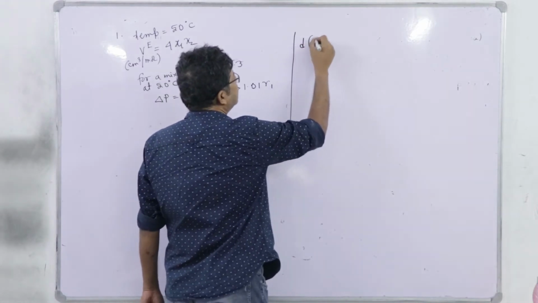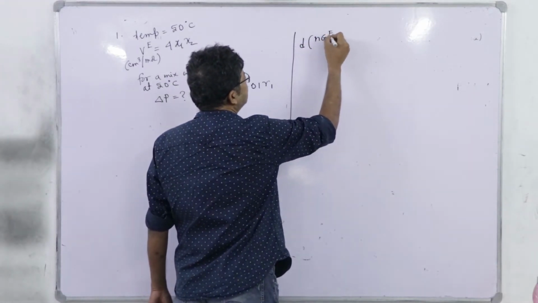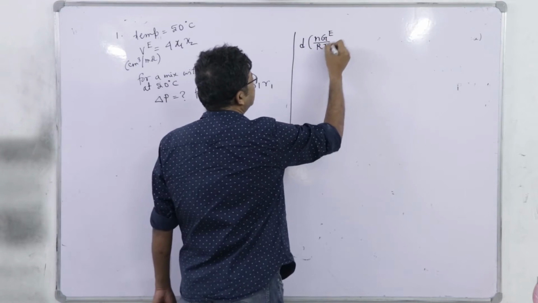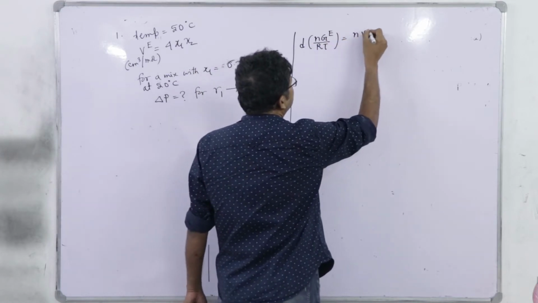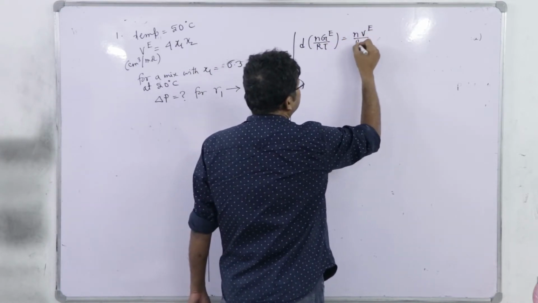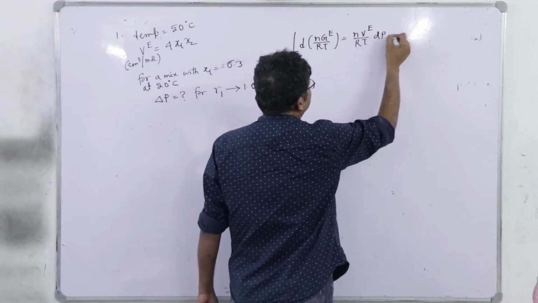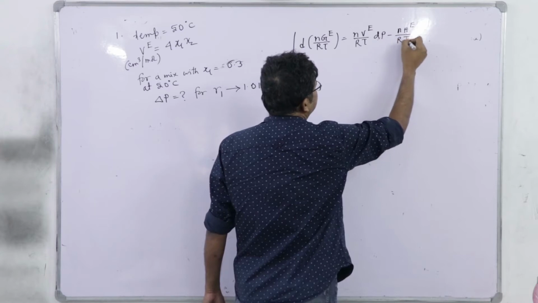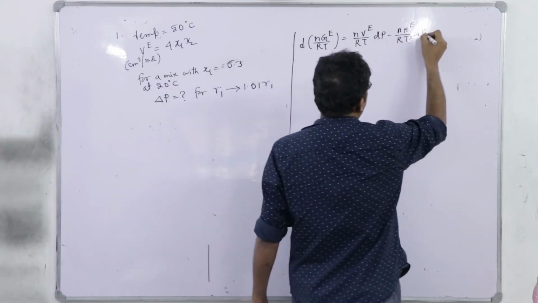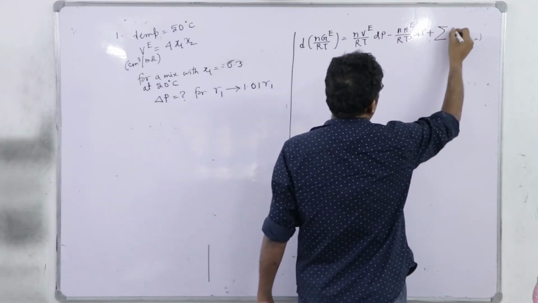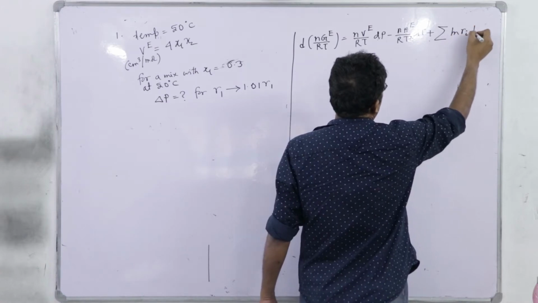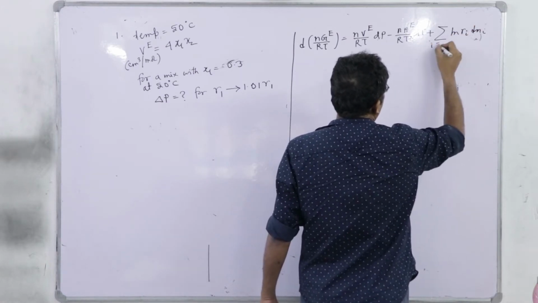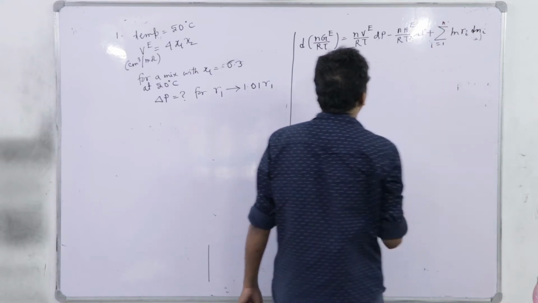The theory is from the excess Gibbs energy relation, nG^E by RT equal to nV^E by RT dP minus nH^E by RT squared dT plus summation of ln gamma i dn i, i equal to 1 to n.